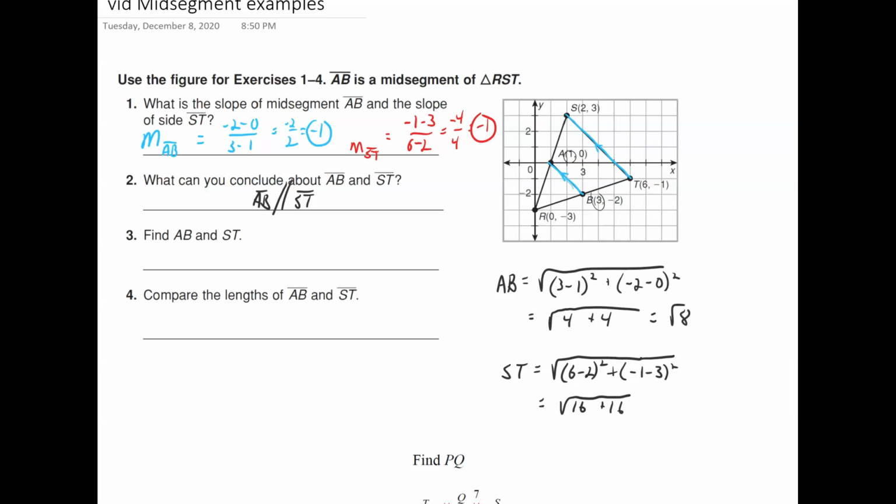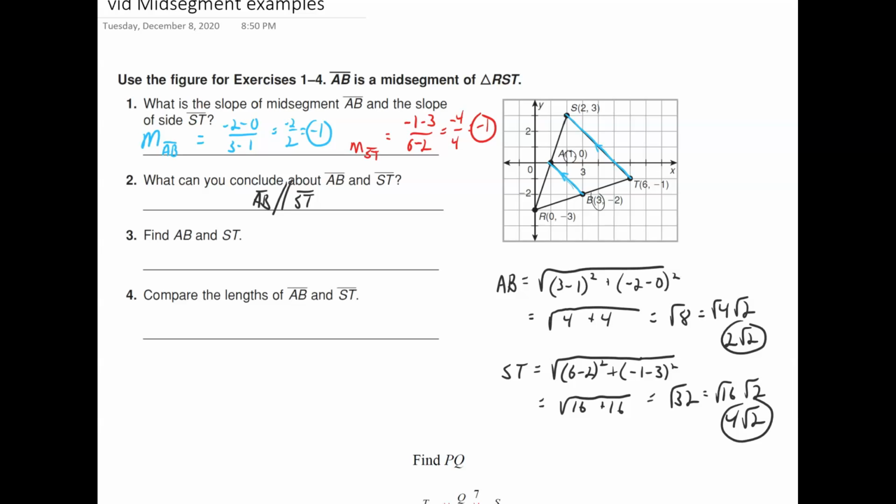So plus 16, that's the square root of 32. Now we don't want to leave our answers like this because we want to always write our answers in simplest radical form. So this is the square root of 4 times the square root of 2, or 2 rad 2. And this is the square root of 16 times the square root of 2, or 4 rad 2.